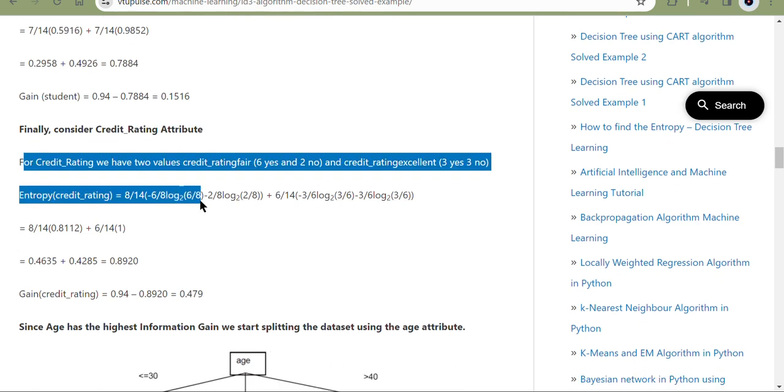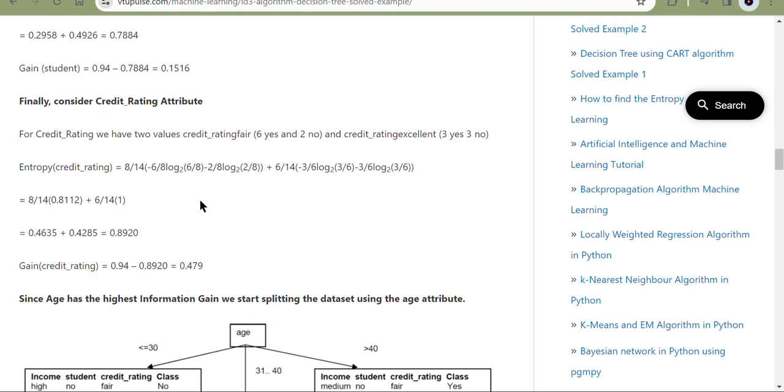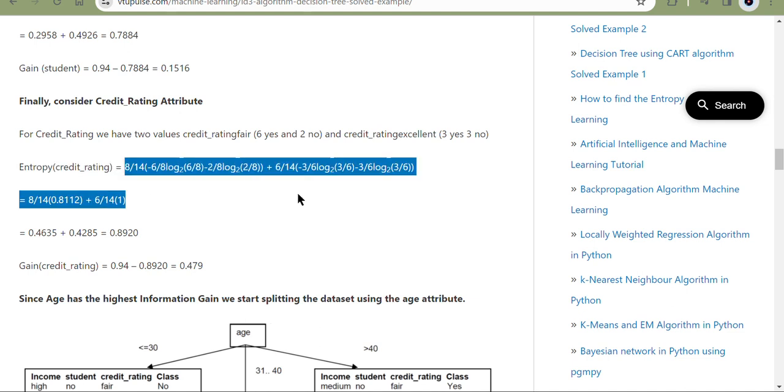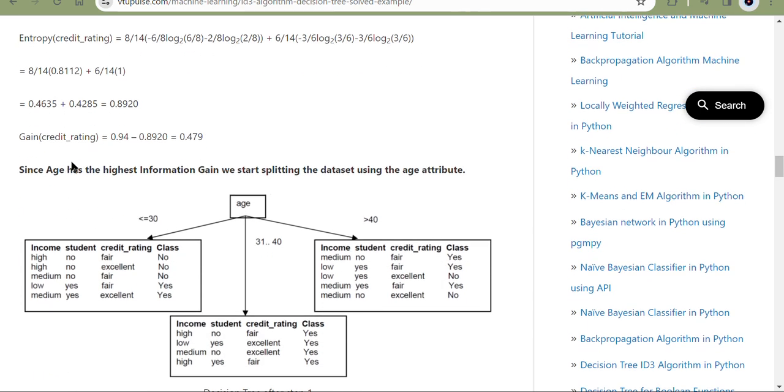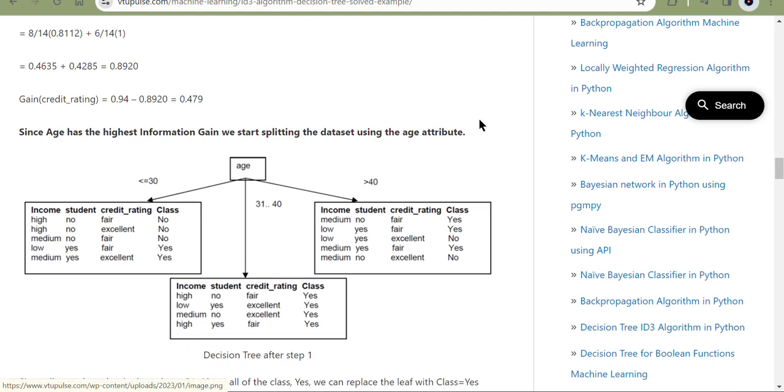For credit rating we have two values: fair with 6 yes and 2 no, and excellent with 3 yes and 3 no. Entropy of credit rating is 8/14 times the fair entropy plus the excellent part, and by doing this we get the entropy and the gain for credit rating, which is 0.49. Since age has the highest information gain, we start splitting the data set using the age attribute.